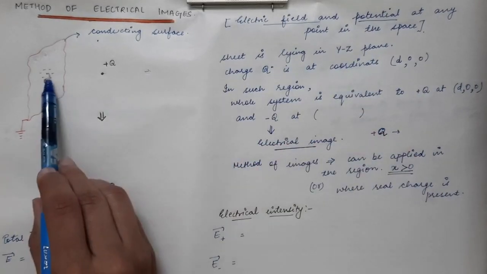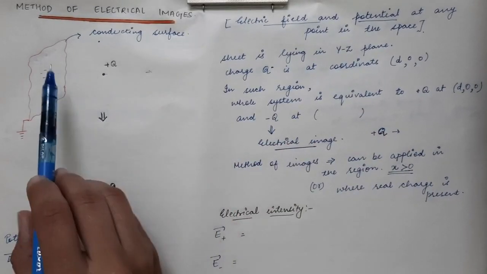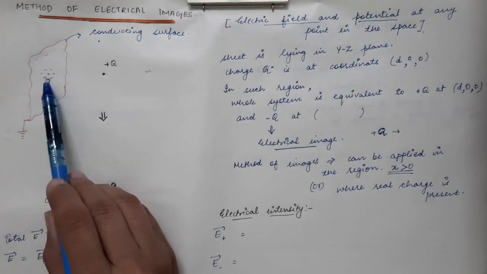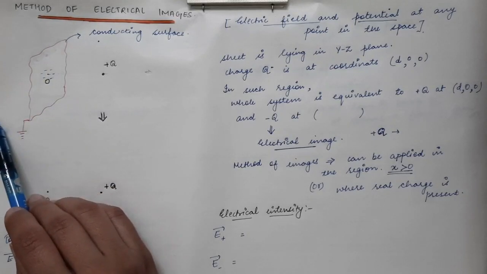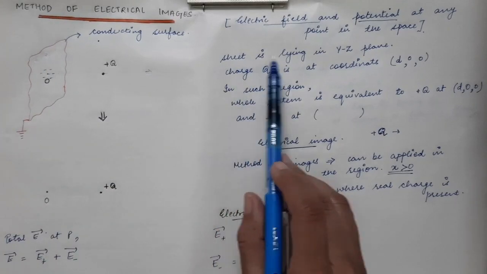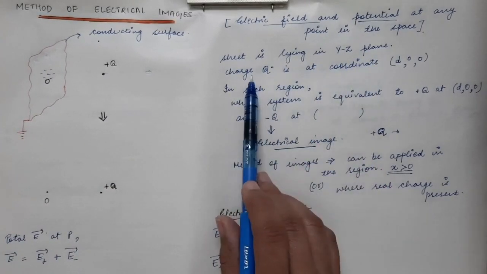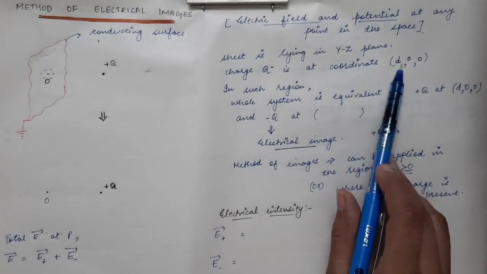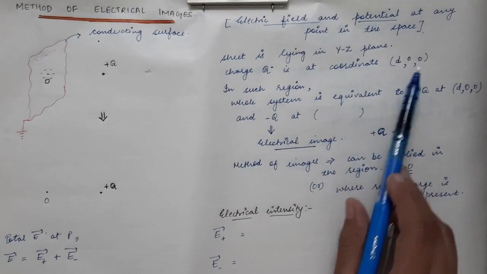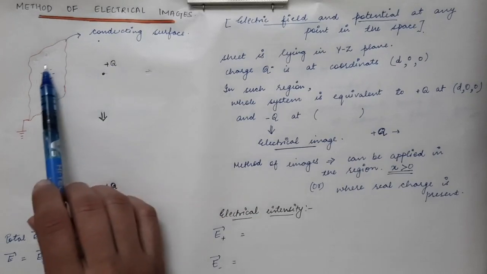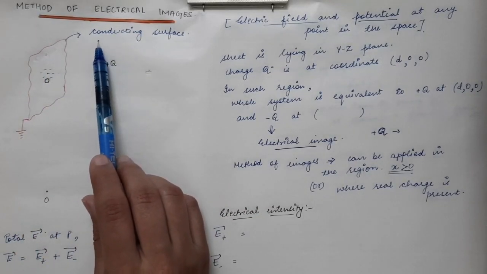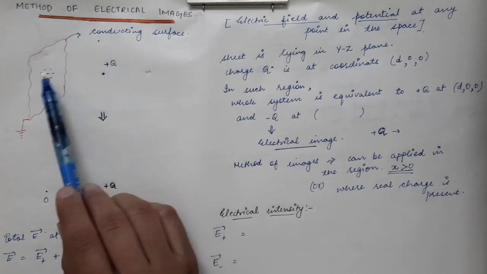We are considering this as the x-axis and this will be the y-axis, and the axis which is coming out of the paper will be the z-axis. So the sheet is lying in the yz plane and charge q is placed at coordinates d, 0, 0. Now, how do we solve for the electric potential and electric field at a point due to this system?